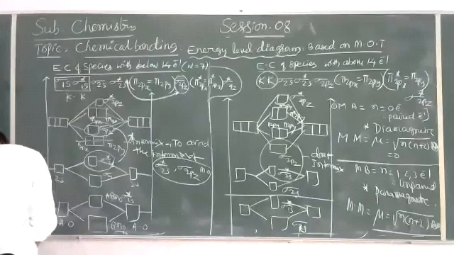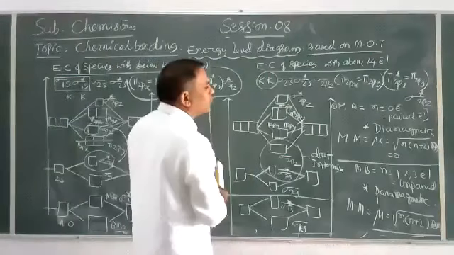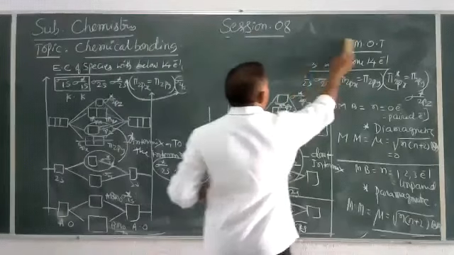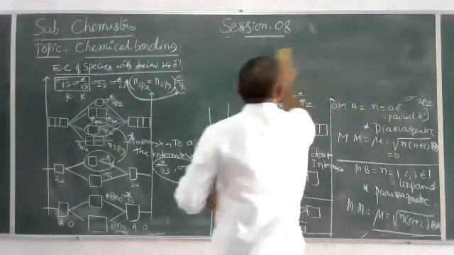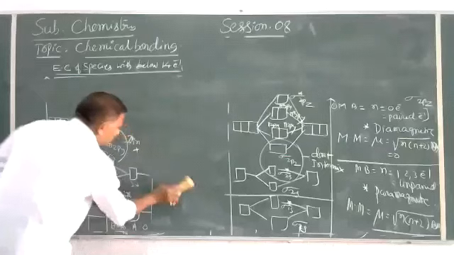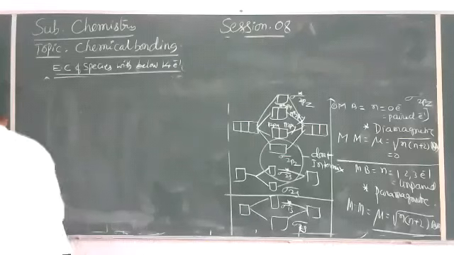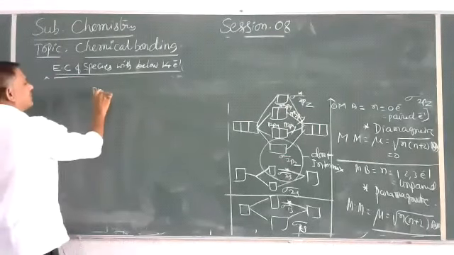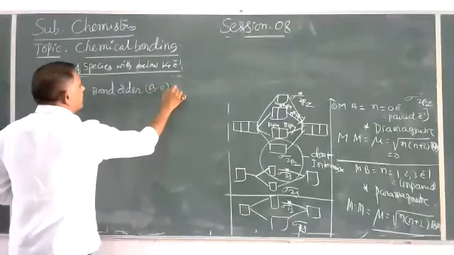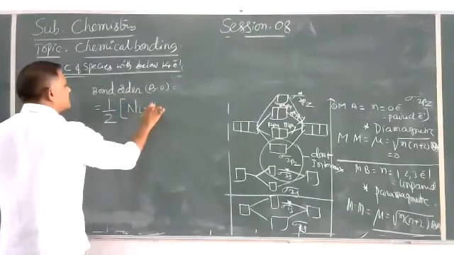Already bond order is calculated on the basis of resonating structures, but on the basis of MOT, molecular orbital theory, bond order BO is calculated by using the formula 1 by 2 into NB minus NA.